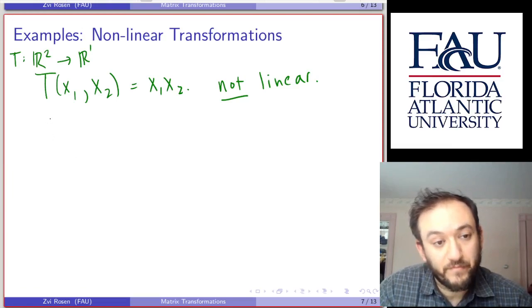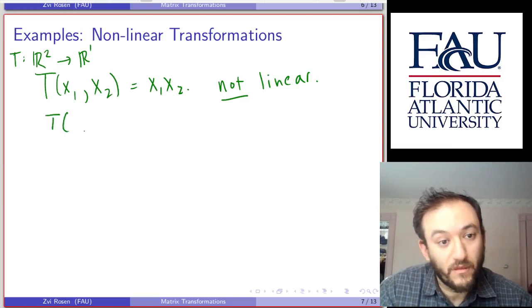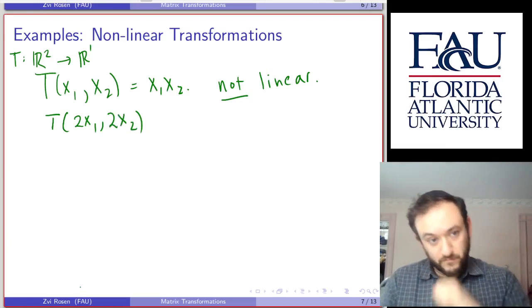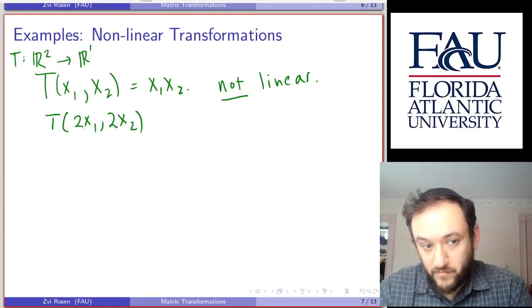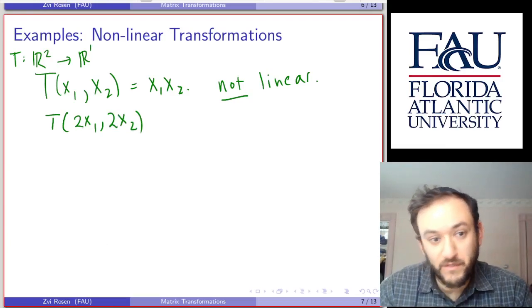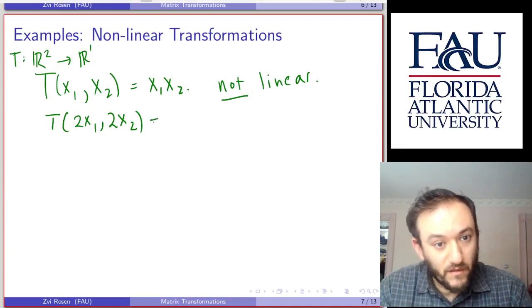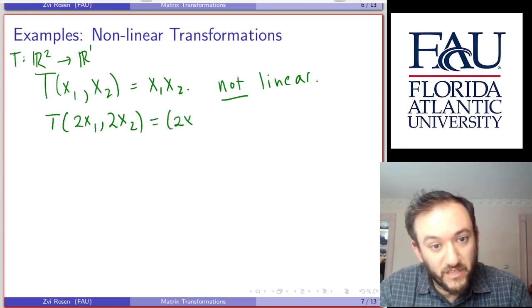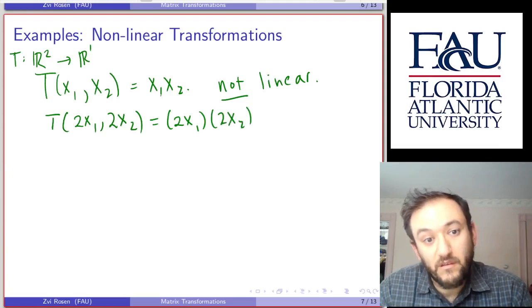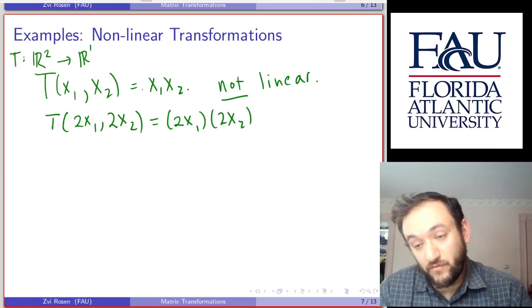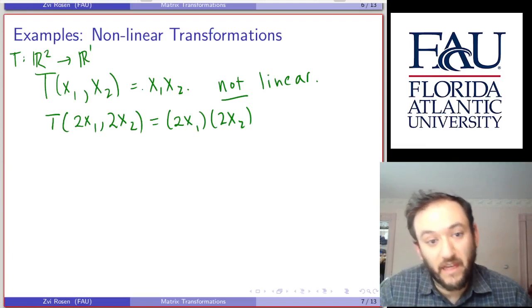Well, if I did twice this vector, that multiplies both coordinates by 2, then the output would be 2x1 times 2x2, because that's how you get from inputs to outputs. You just multiply them together.